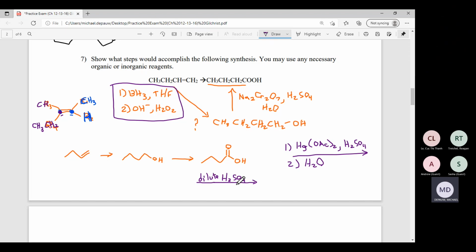Oxymercuration-demercuration prevents rearrangement because, instead of a carbocation mechanism, it forms a mercury acetate complex that sits on top of the double bond, or where the double bond was, and then the water comes in later and attacks, and then the mercury gets removed. So the mercury one prevents rearrangement, but the acid catalyzed hydration does not. So it just depends upon the molecule which one you'd want to use.